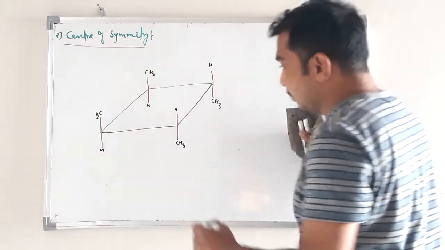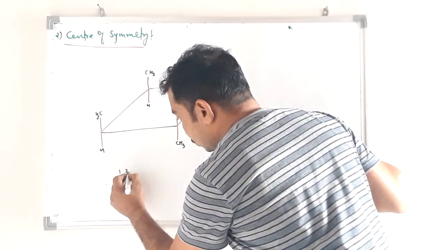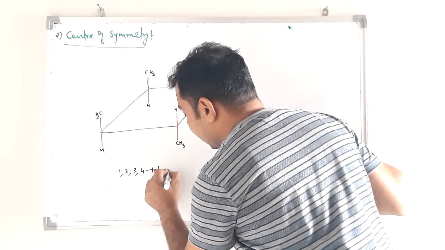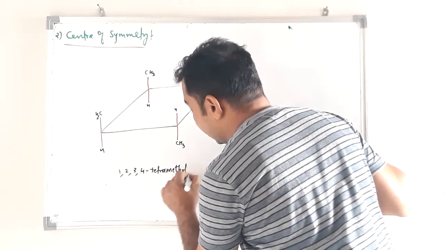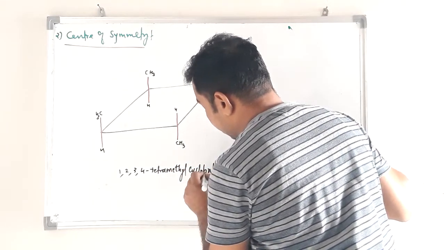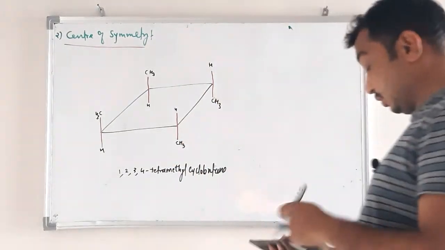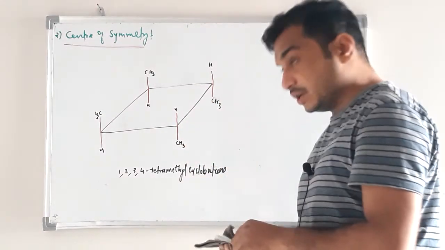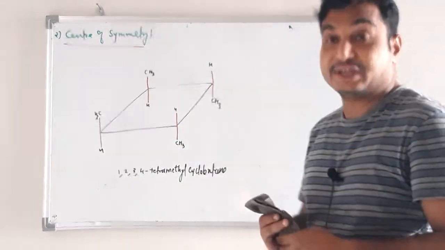Now the name is 1,2,3,4-tetramethylcyclobutane. Now observe this molecule. This molecule possesses one point, that is the center.